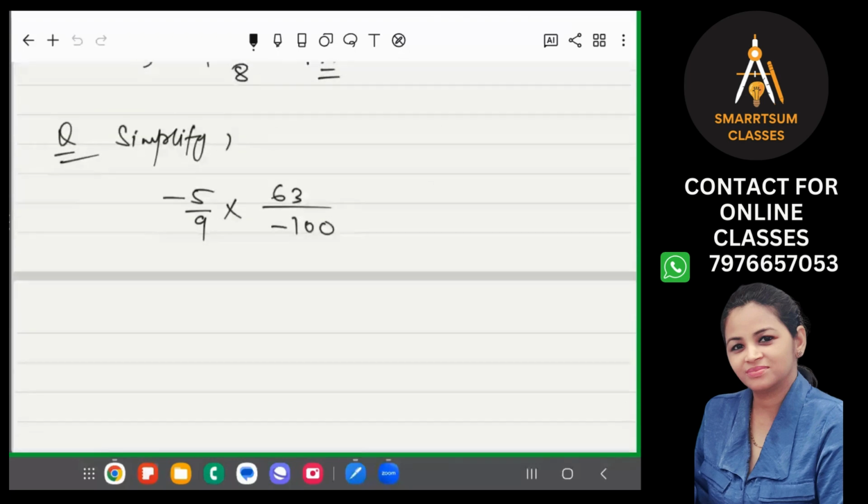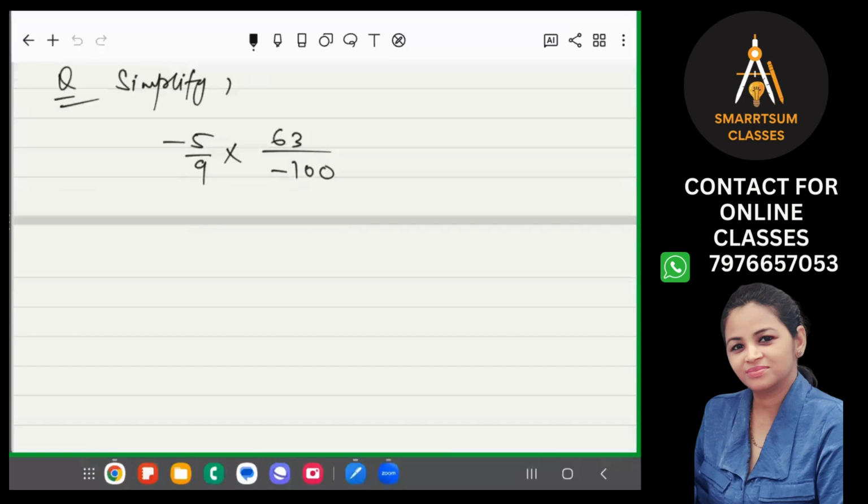So as I told you, we can multiply and divide unlike rational numbers also. They need not have the same denominator. So you simply write minus 5 into 63 upon 9 into minus 100.